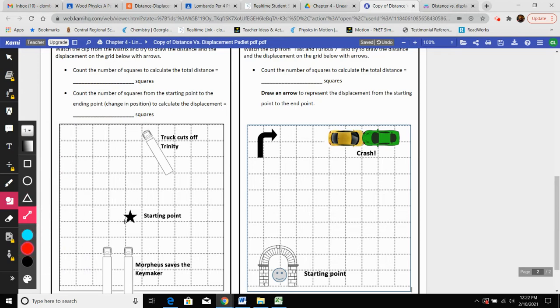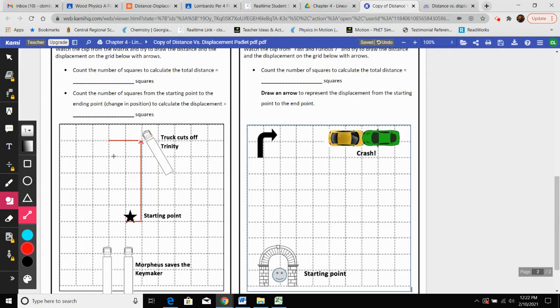So I told you guys in class to start here from the bottom of the star as our starting point. And you're going to go up until the truck cuts you off, which is on this line here. So Trinity goes upward to the truck. That's her first part.